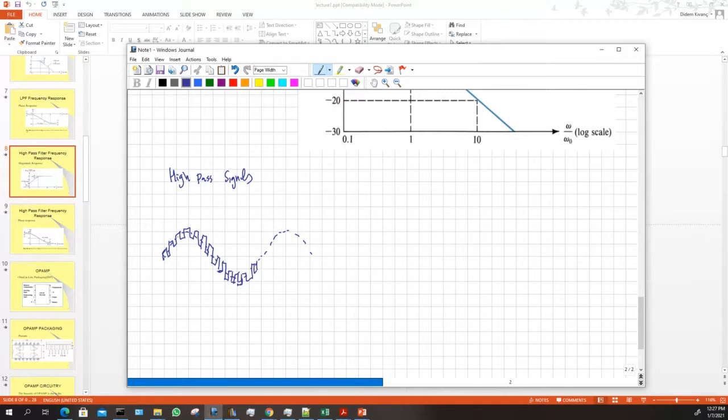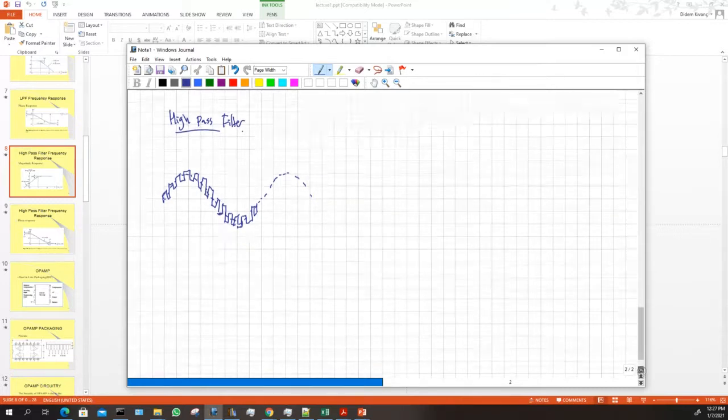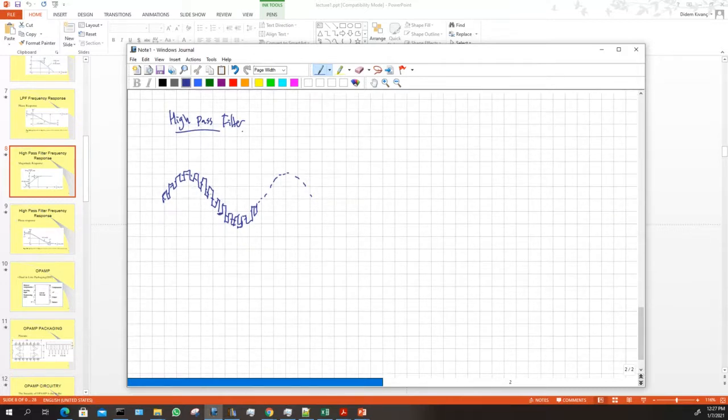Now, at the receiver, you don't want the 60 hertz signal. You want your square waves. So I don't want the slowly varying signal, I only want the quickly varying signal. So now I need a high pass filter. What that high pass filter will do is pass the quickly varying signal and stop the slowly varying signal.